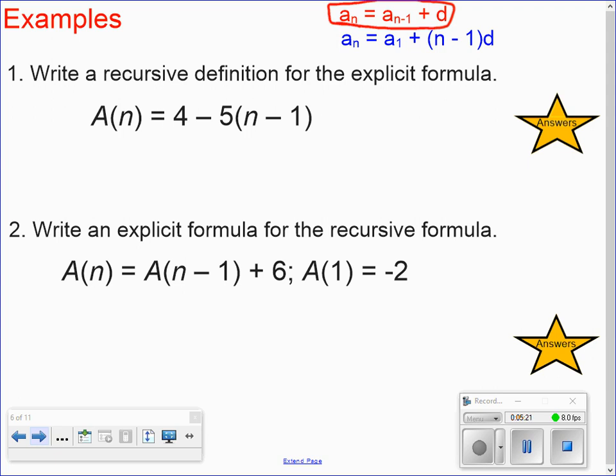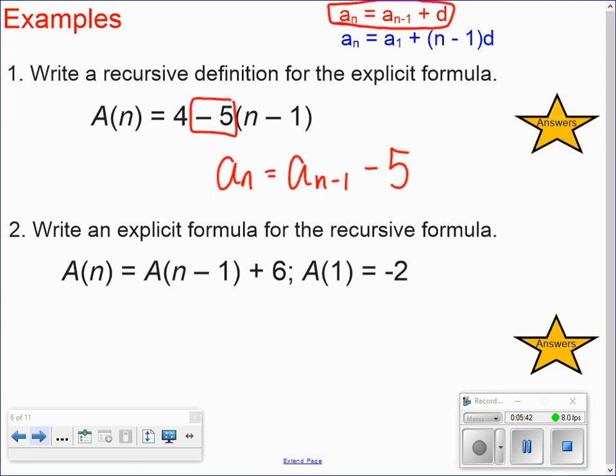So here our common difference is minus 5. So when we're writing our recursive formula, we're taking the common difference from out of here, and we are moving it to our recursive formula.